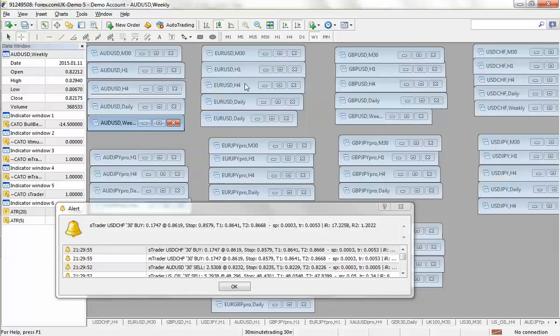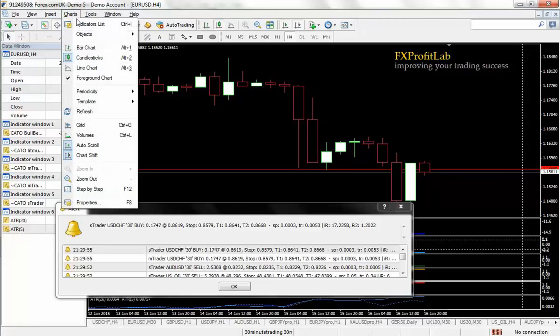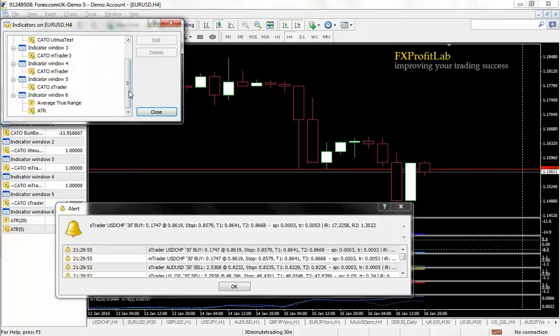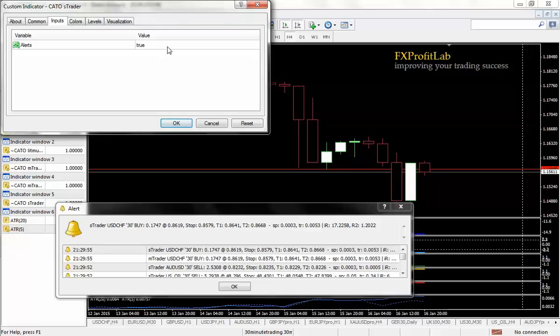And then the other thing I think you mentioned, let's bring that up. On here, on the charts, we've got the indicators list. So, for example, if you said, I don't want to know about S-Trader alerts, you then click on the edit button there and change that flag from true to false and say OK.